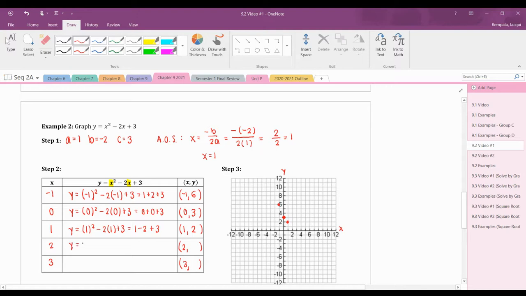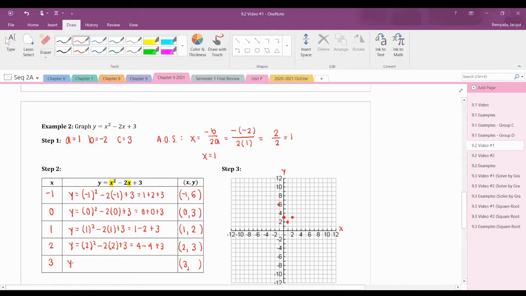Plug in the number 2. So we'll have 2 quantity squared minus 2 times 2 plus 3. Well, 2 squared is 4. Negative 2 times 2 is negative 4, plus 3. We should have gotten the number 3. So 2 to the right, 3 up.